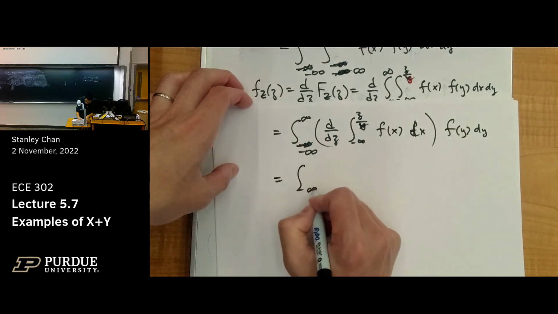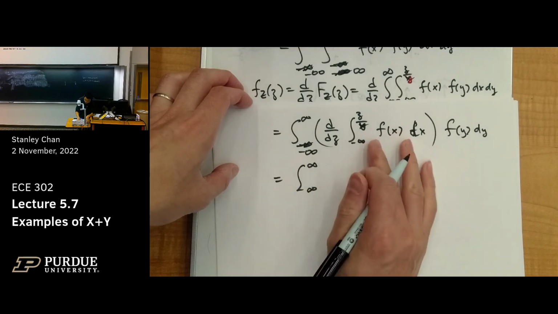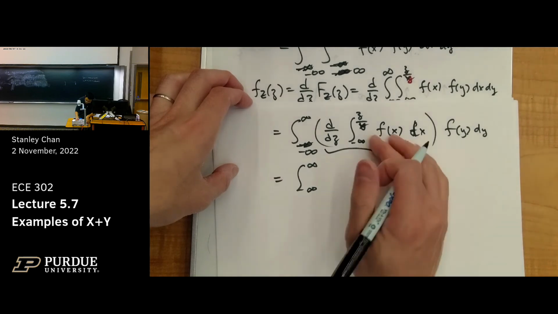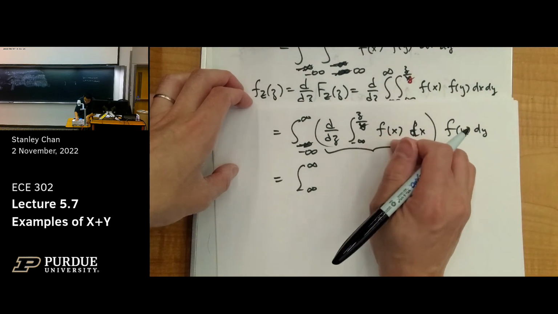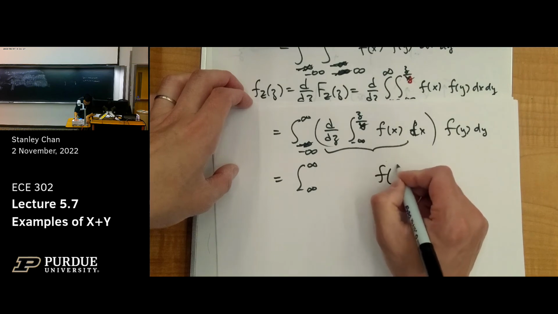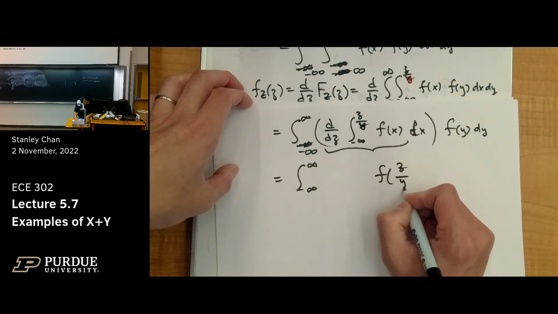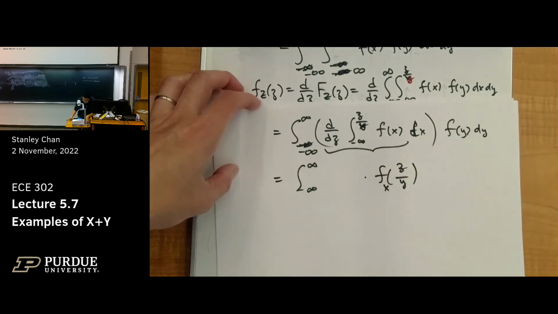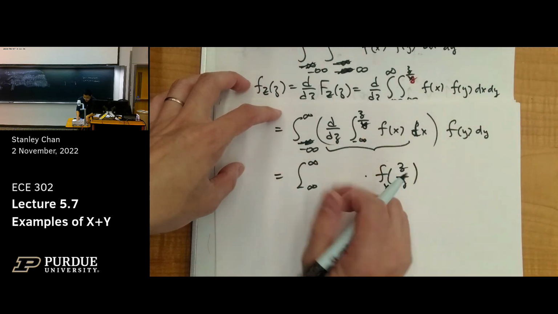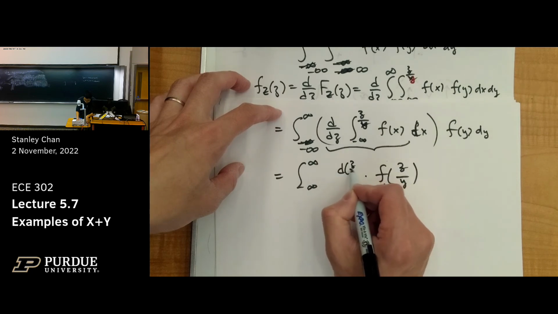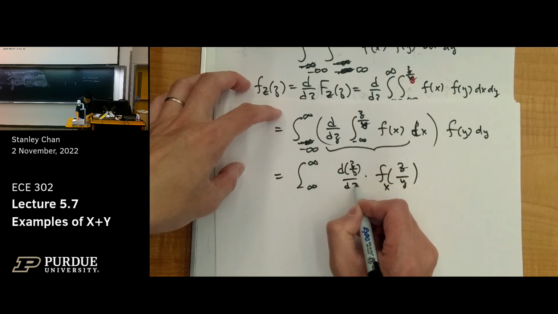So you're minus infinity to infinity. And then you have this integration. Now, let's see what do I do with this integration. You have fX, and then the fundamental theorem of calculus will tell you this is going to be z over y, and this is x, right? And now I also have the chain rule. Chain rule says that I need to take the derivative d of z over y and dz.